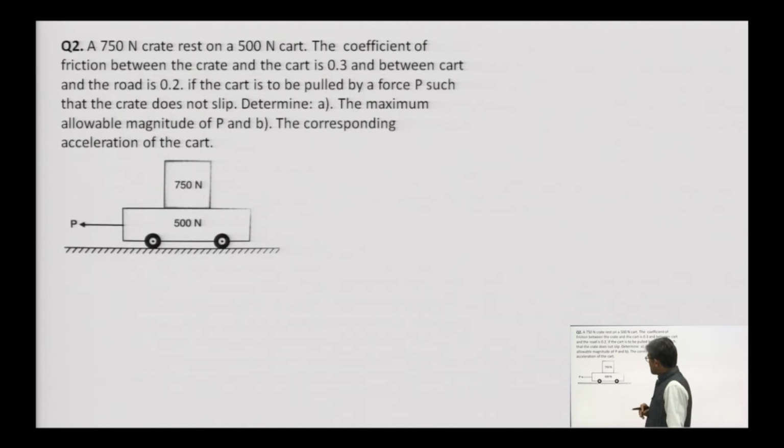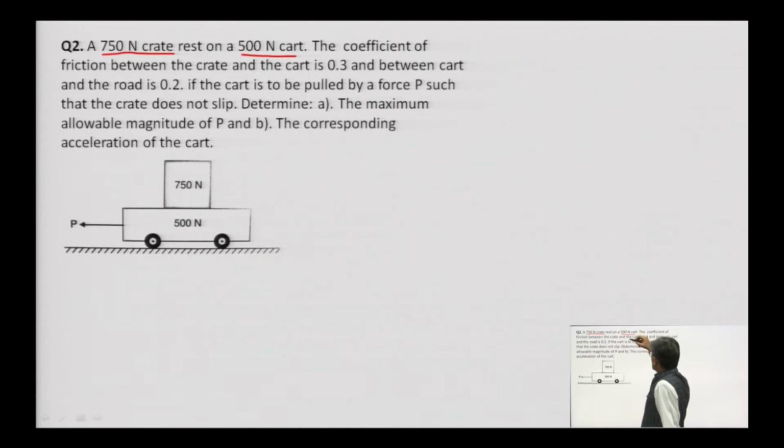In this example, on a horizontal plane, a 750 Newton carton, this one, rests on a 500 Newton cart.